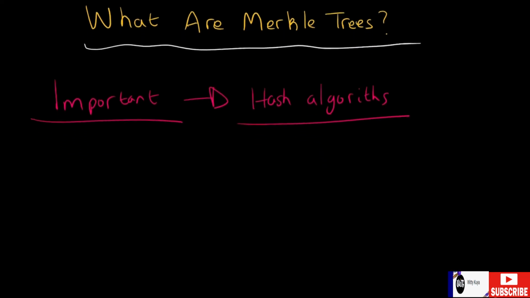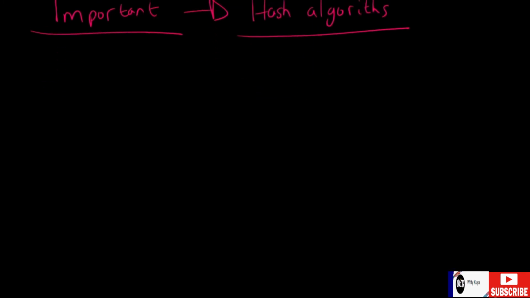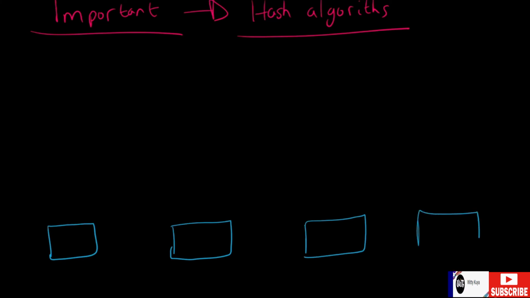So what is a Merkle tree? A Merkle tree essentially takes a bunch of input and it helps confirm its validity. So imagine if I have, in the case of Bitcoin for example, or blockchain really, 4 transactions. The average block in Bitcoin has over 2,500.